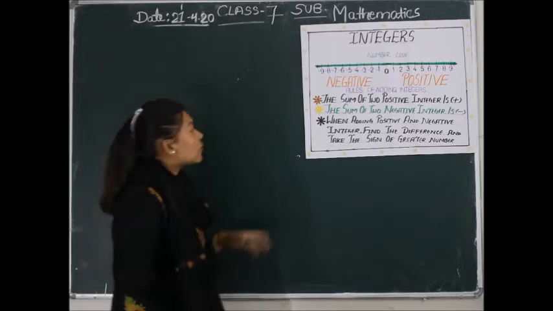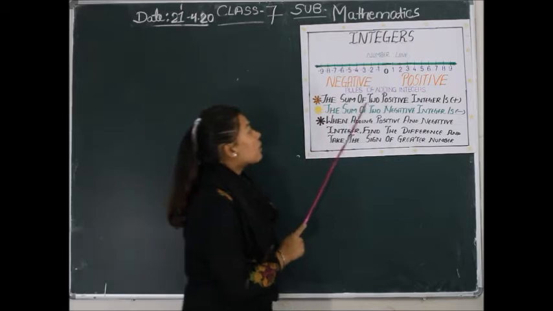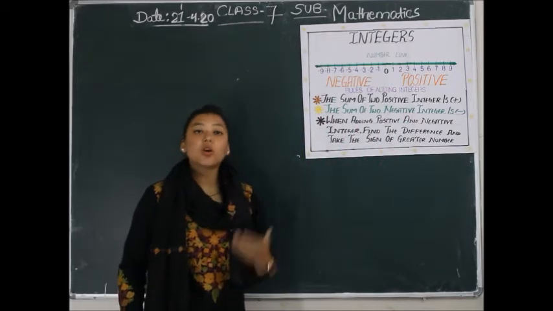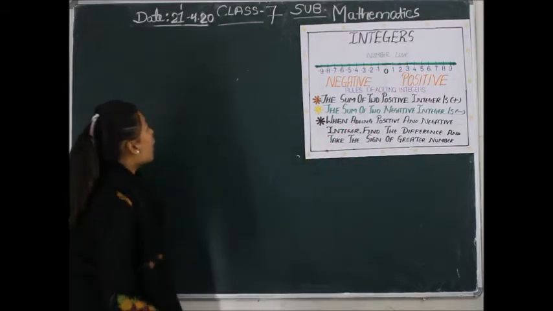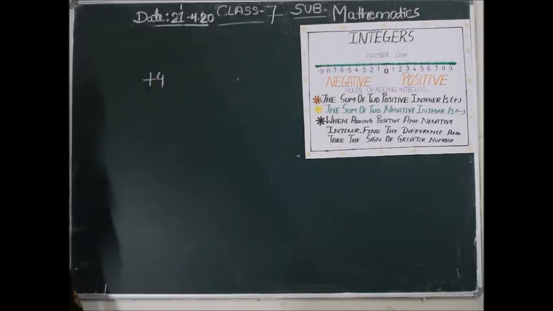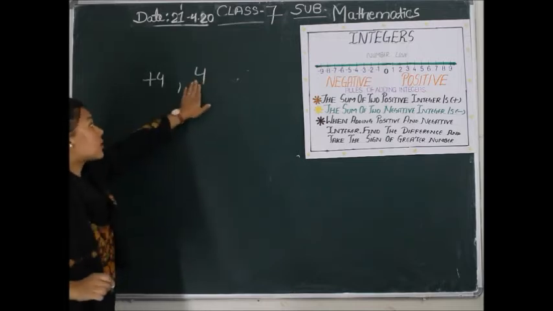Now we'll move on to rules of adding integers. Now look at the first one. The sum of two positive integers is always an integer. Now I think you all know what are positive numbers. Now if I write plus 4, this is known as a positive number. If I just write 4, this is also a positive number.